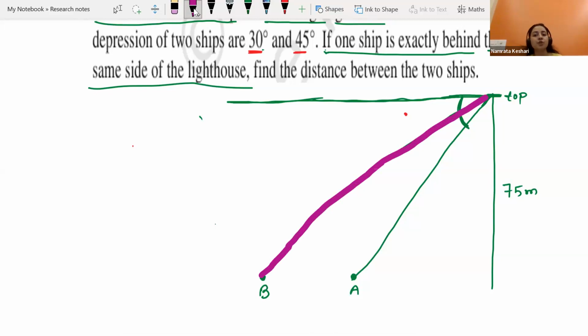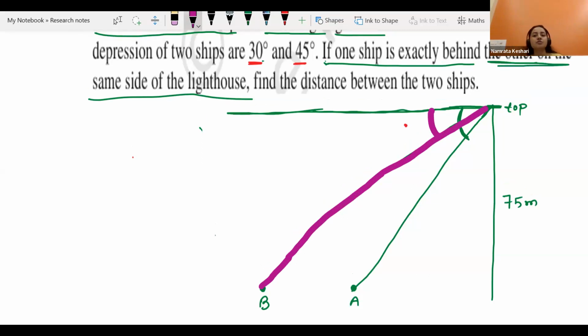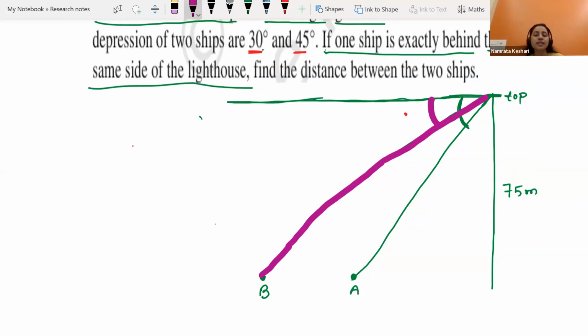As observed from the top, the horizontal line must be coming from the top only. So this angle will be the angle of depression. Now there is one angle which is 30 degrees and another which is 45 degrees. Both are with the same horizontal, so we can mark the smaller angle 30 degrees and the bigger angle 45 degrees. Yes or no?